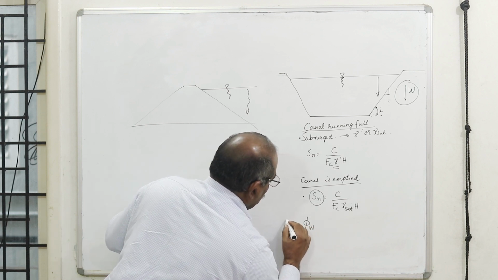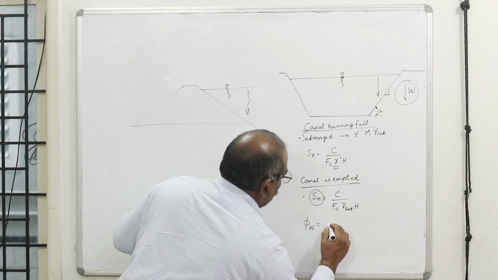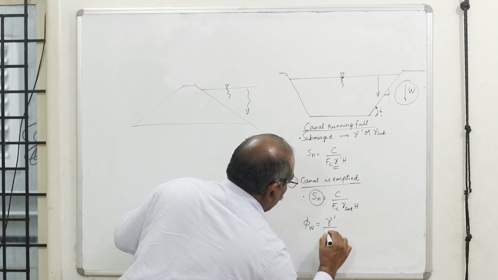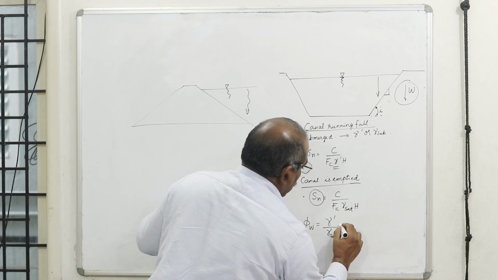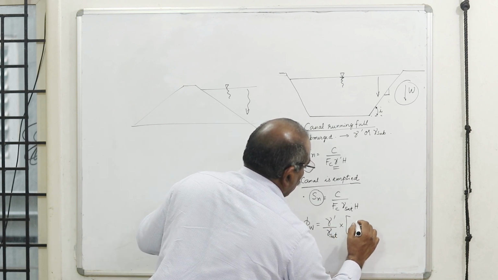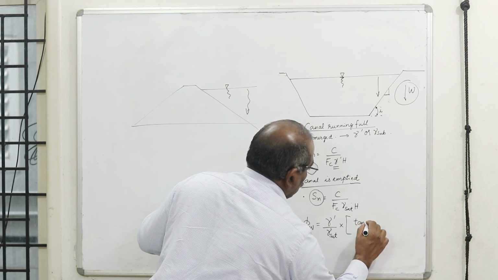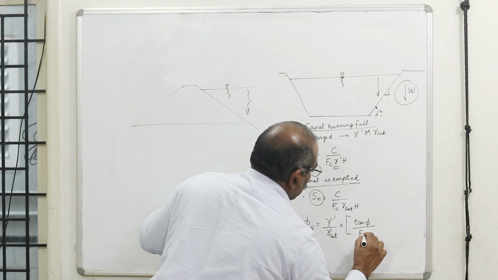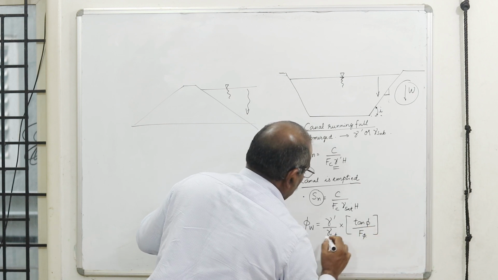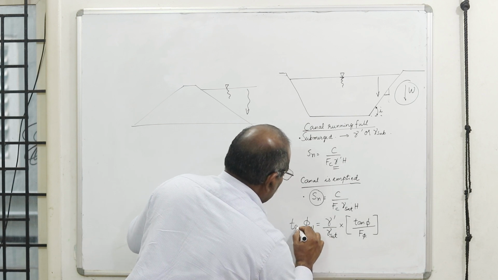This is equal to tan of the ratio of gamma submerged to gamma saturated into tan phi dash divided by Fphi.